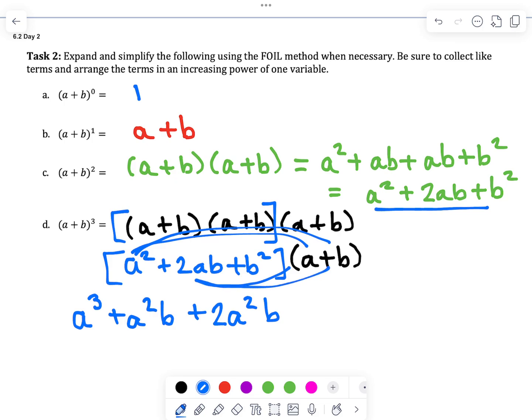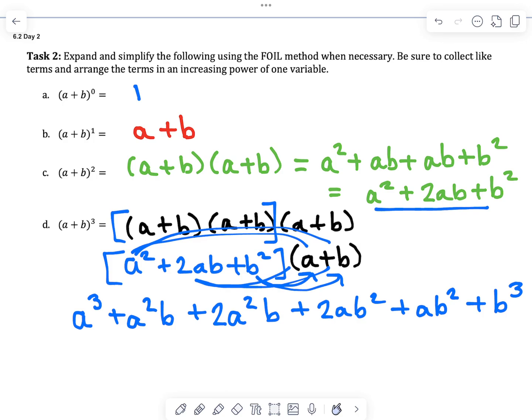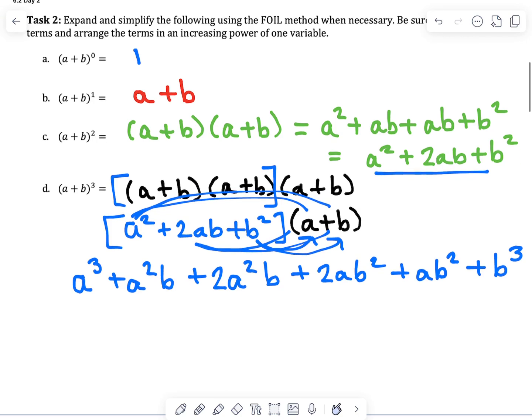We multiply 2ab times b, which gives 2ab squared, and then we distribute the b squared. And we get ab squared, and then b cubed. And then we need to put this in standard form and combine any like terms.